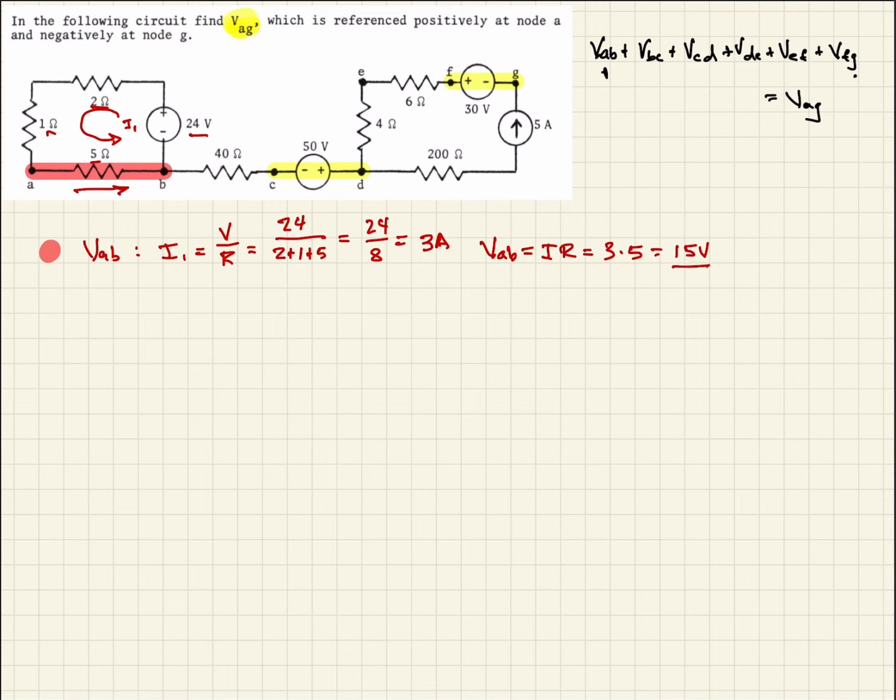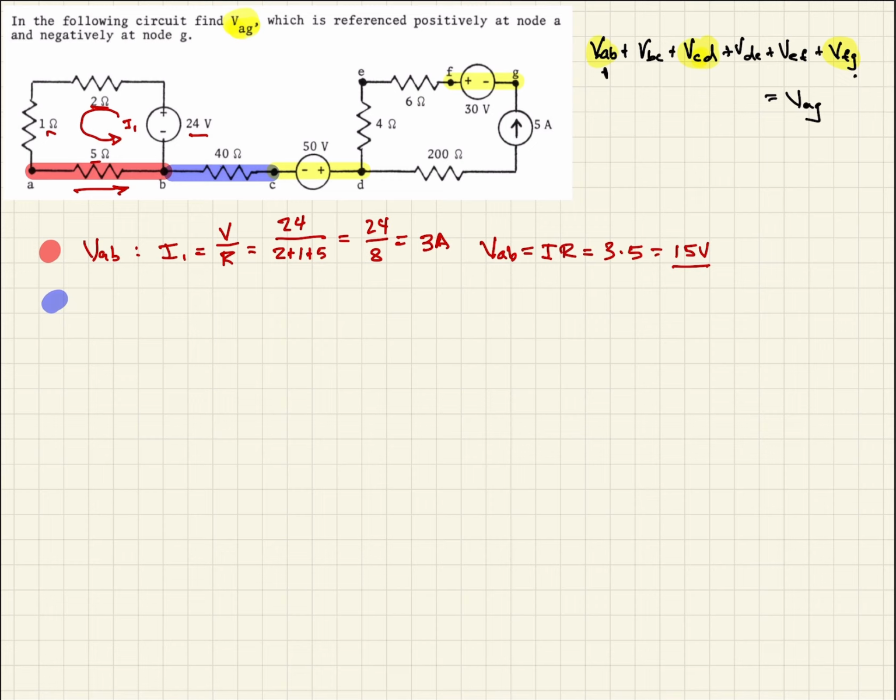So that's VAB. We said we already have VCD and VFG because those are just voltage sources in between.